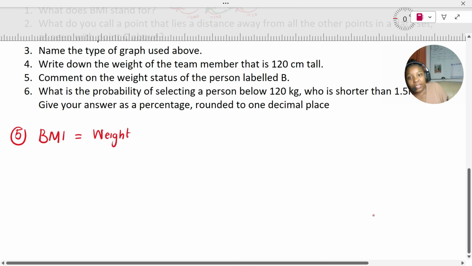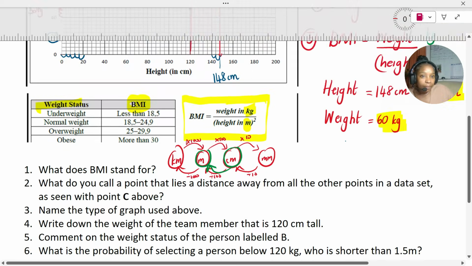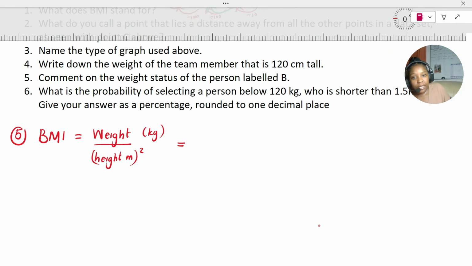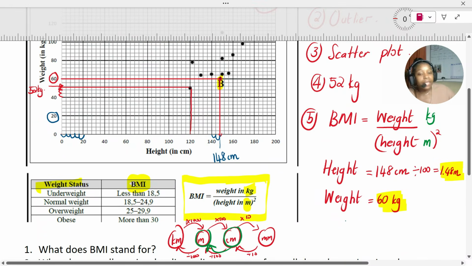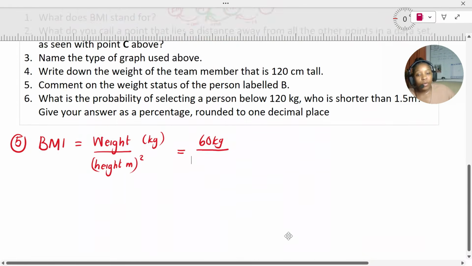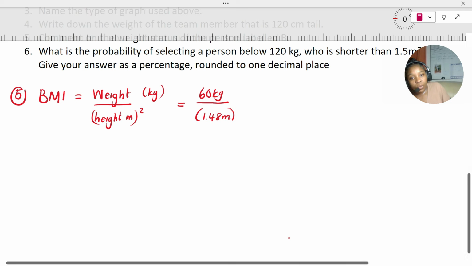So it's the weight in kg divided by your height in meters all squared, right? We found that this person B has a weight of 60 kg, divided by their height in meters, 1.48 meters, all squared.